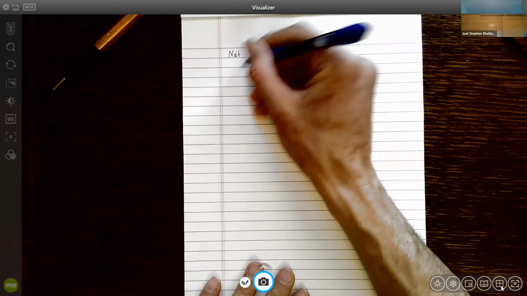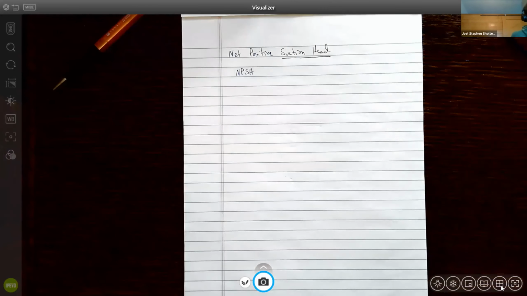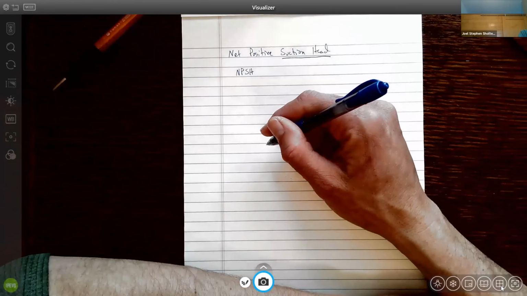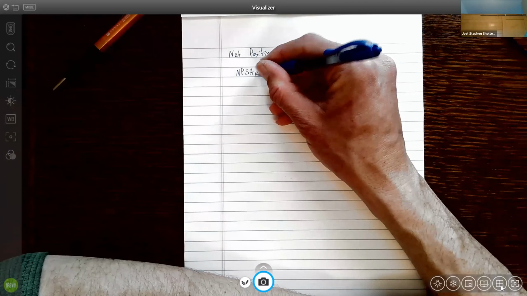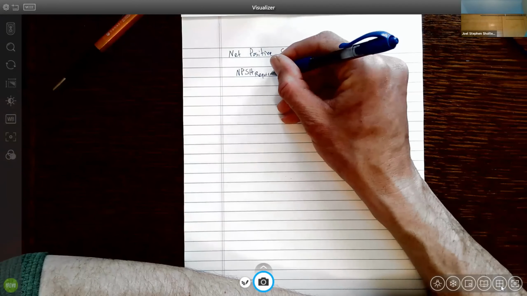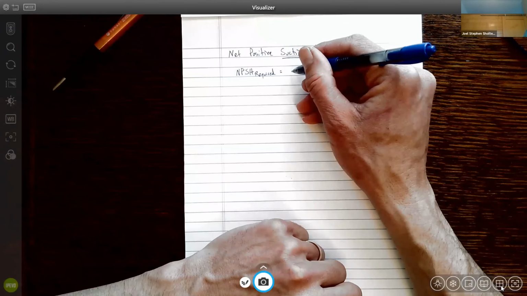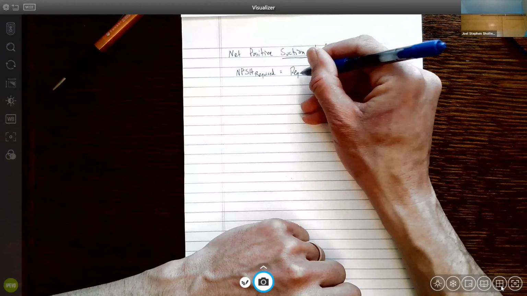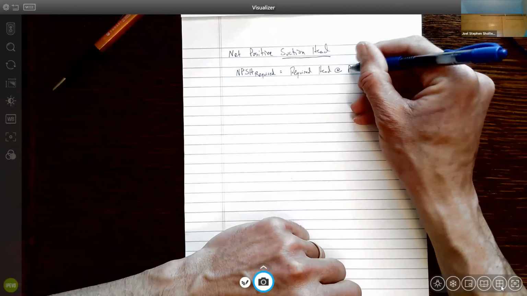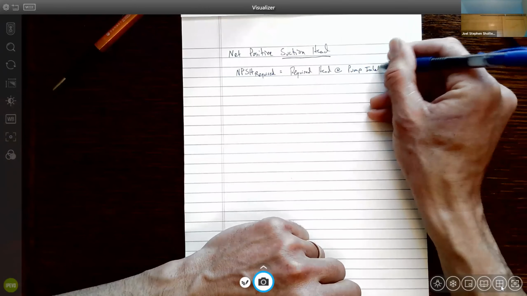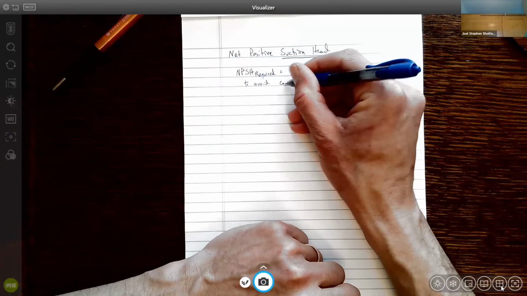And so NPSH. When you look at pump curves, you usually see NPSHR. This is required. What this means is we want to make sure that this is the required head at the pump inlet to avoid cavitation.